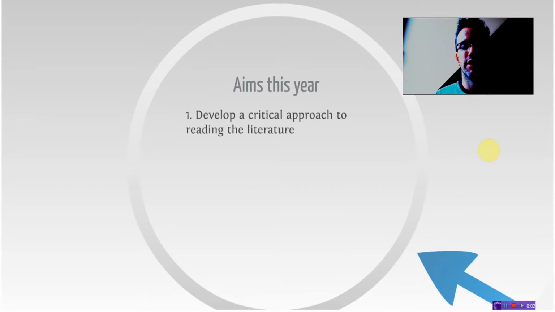So one of the main aims this year is to develop a critical approach to reading the literature. That critical approach ought to also spread out to how we appraise other sorts of evidence, including perhaps books that we read, or when we speak to experts or to colleagues. We ought to also be having a critical mind about how reliable that information is.